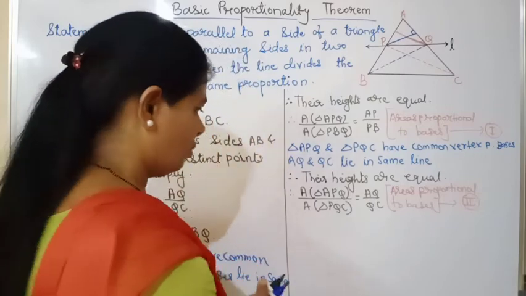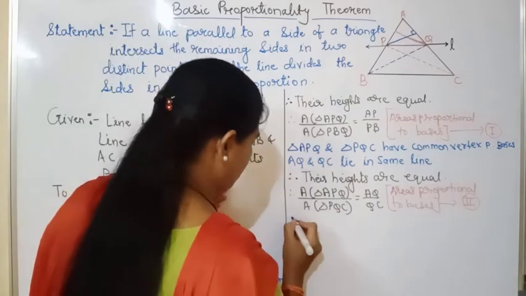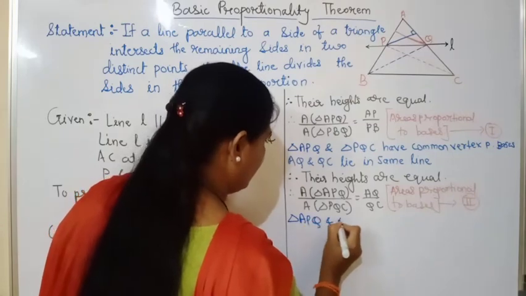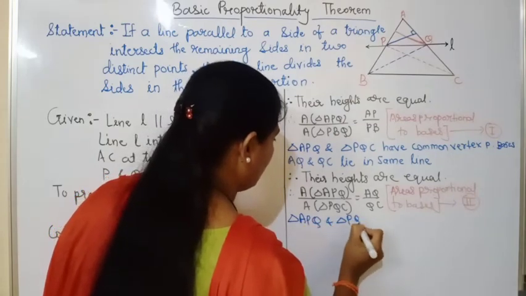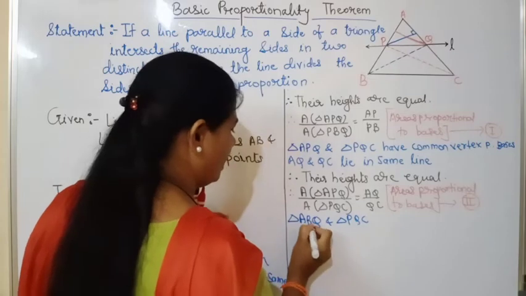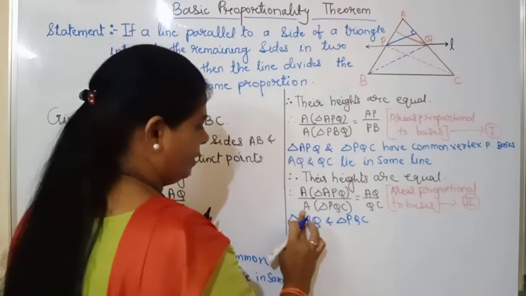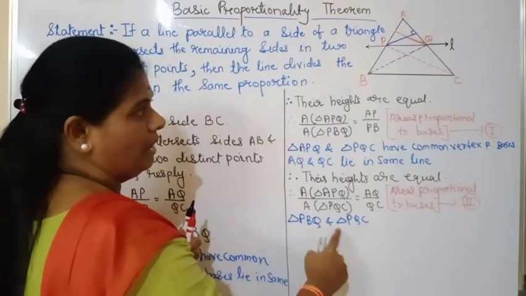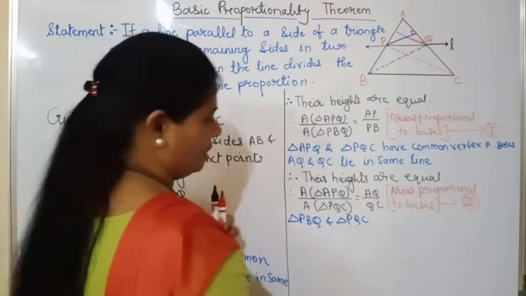So we are going to write this now: triangle PBQ and triangle PQC. Sorry, not APQ but PBQ.